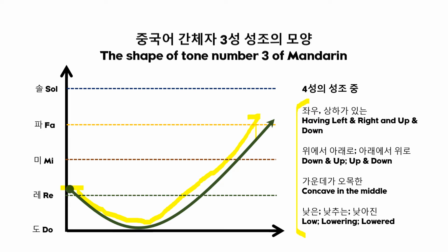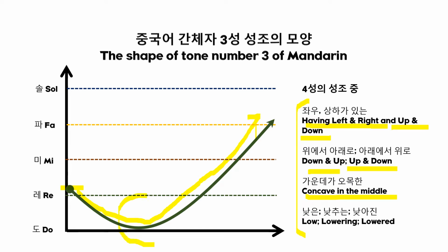This shape has left and right and up and down, right? From down to up, from down to up, and up and down, and down to up. And it is the shape, concave in the middle.